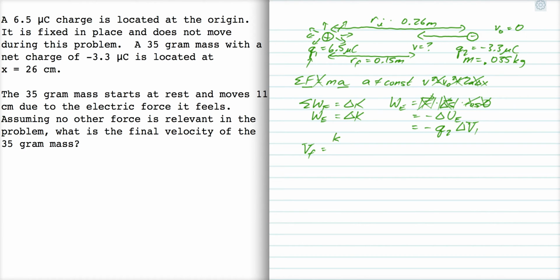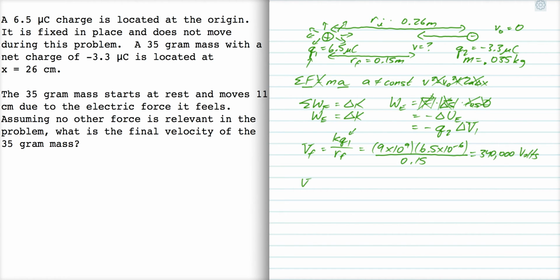So we'll start here. The final potential due to charge 1 is KQ1 over RF. So I've got KQ1 there, and the final R is 0.15. So that works out to be 390,000 volts.